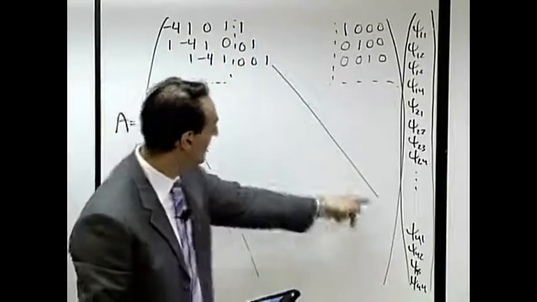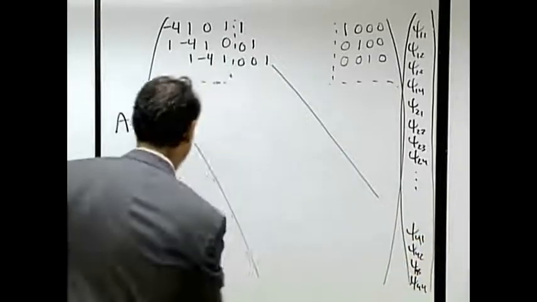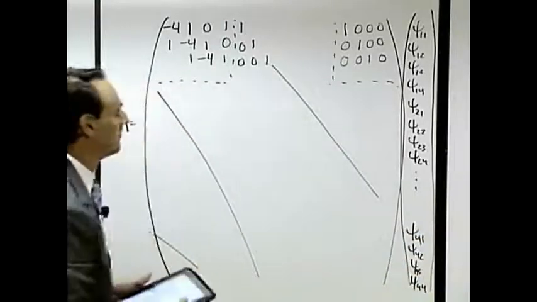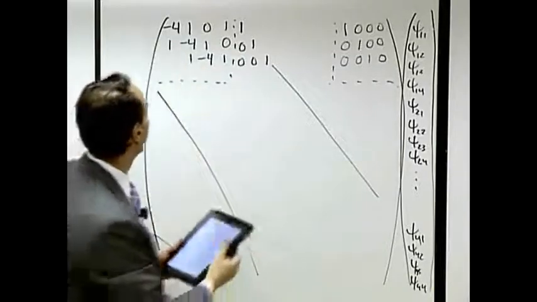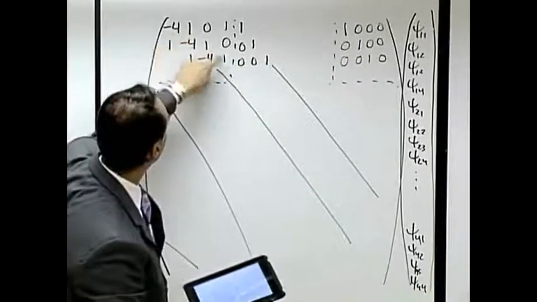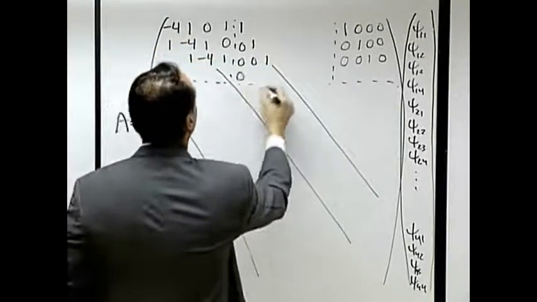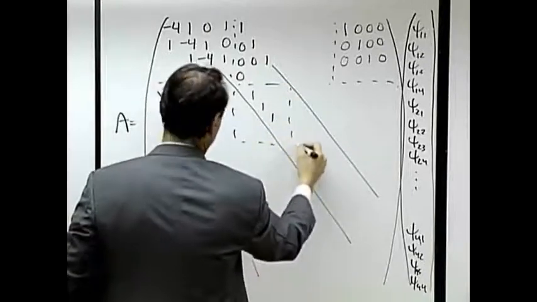By the way, when this goes down here, when it hits this edge, that last cell of ones that would be over here gets shifted over there. And then all down the diagonal, you have minus 4. But notice what happens here. You have 1, 1, 1, 0, 1, 1, 1, and then a 0.